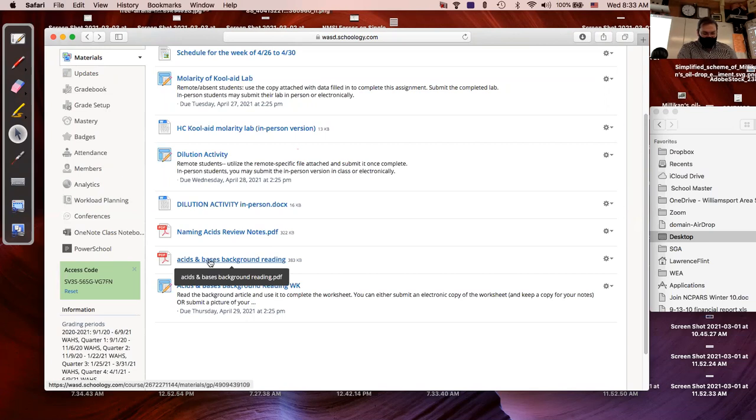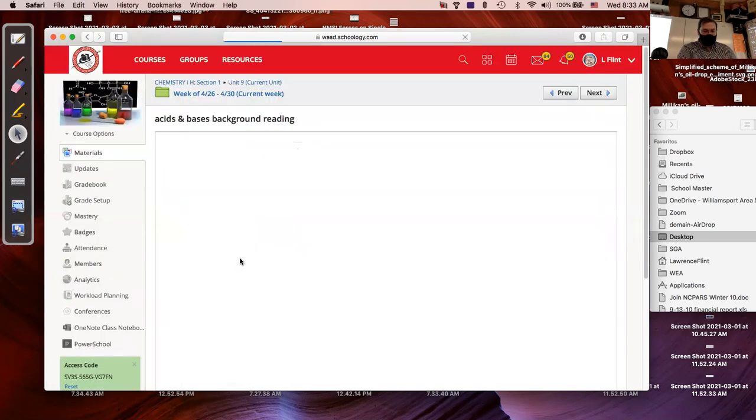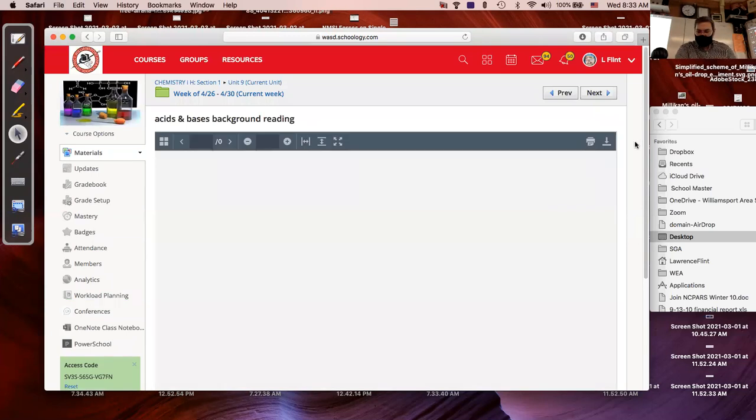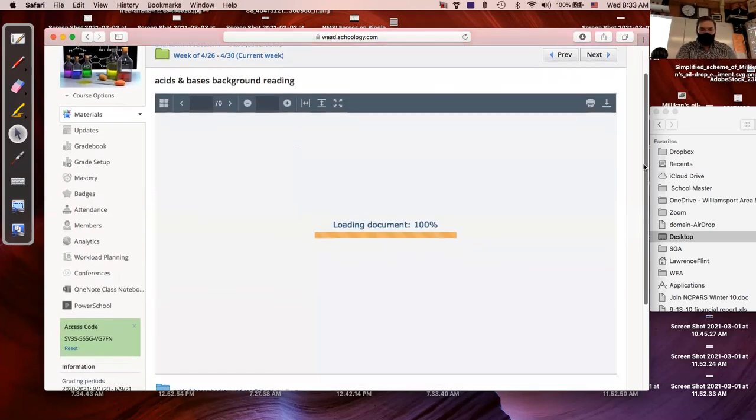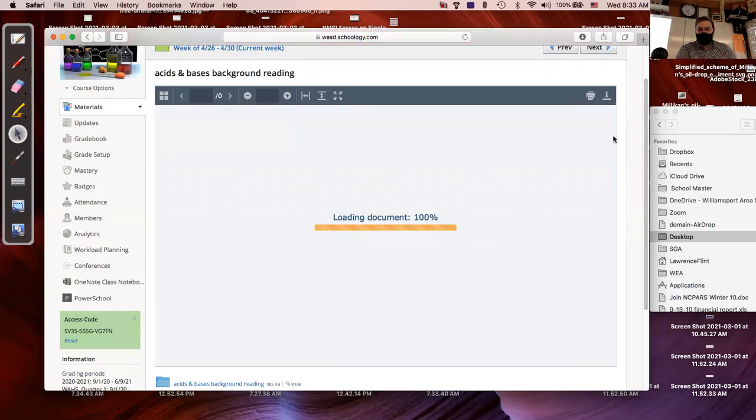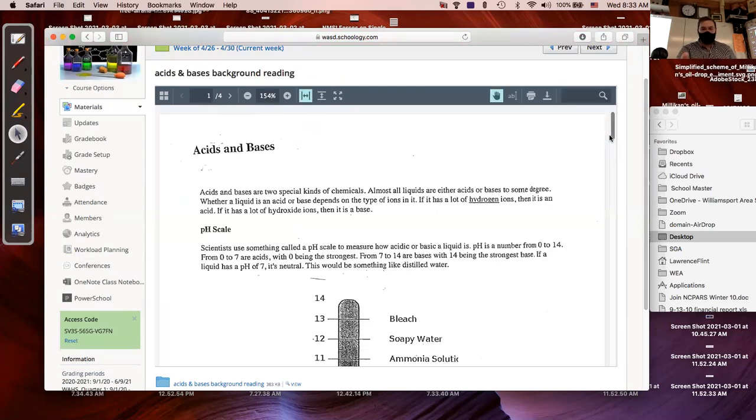And then this acids and bases background reading, that's the stapled-together thing that you got if you're in class. It has an overview of what acids are and what bases are in terms of them as solutions. You can measure the acidity of something, or how basic it is, either with a concentration or by measuring the amount of hydronium ion in the water, which comes from the hydrogen in the acid itself.